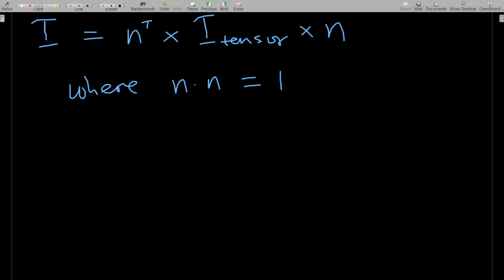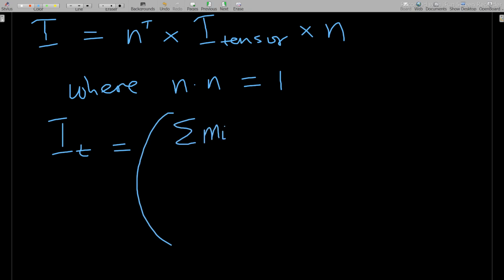Then the inertia tensor, let me write it well. The inertia tensor is given by this whole big matrix.